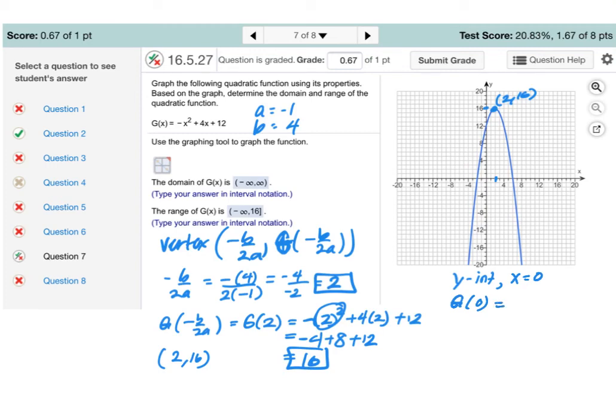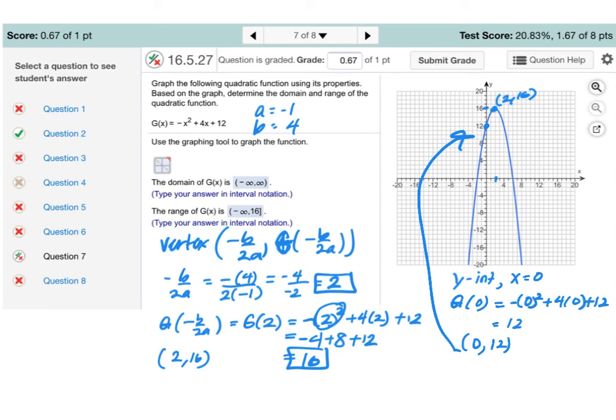Okay, so g for 0 will be a negative of 0 squared plus 4 times 0 plus 12. And so our y-intercept will be 12. And so if the y value is 12 and the x value is 0, our y-intercept is the ordered pair 0, 12. Okay, and so that will graph our function.